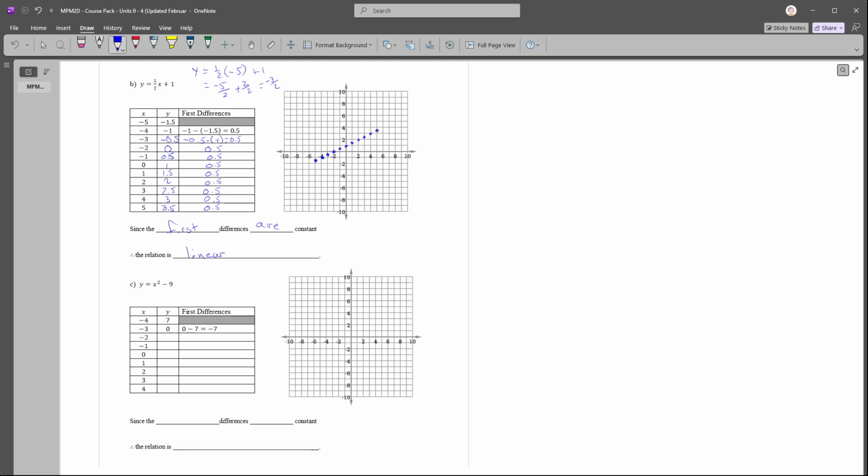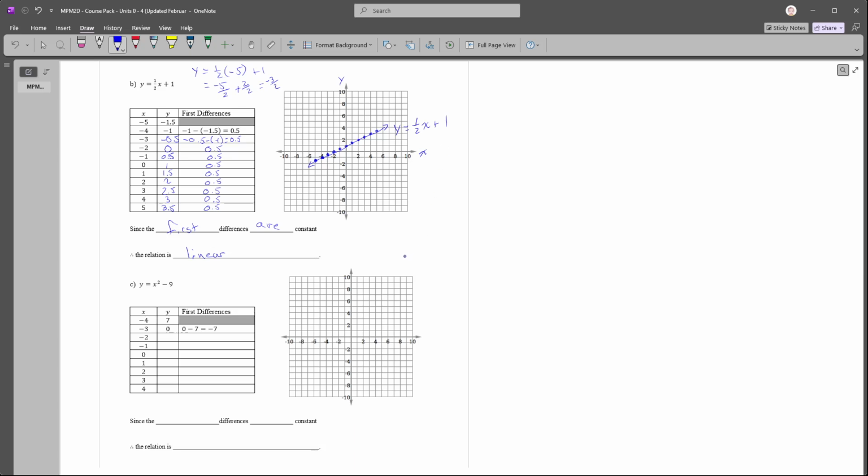I'm just filling in the values that we have here. Now we have to try and draw this line as straight as we can. Please use a ruler in your actual notes. Label our axes, x and y, and label the actual relation here. Y is equal to 1/2 x plus 1.